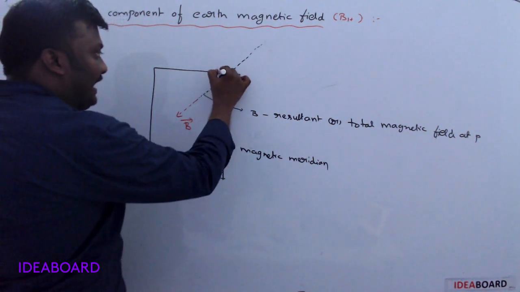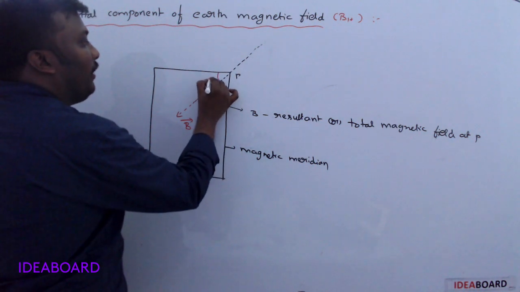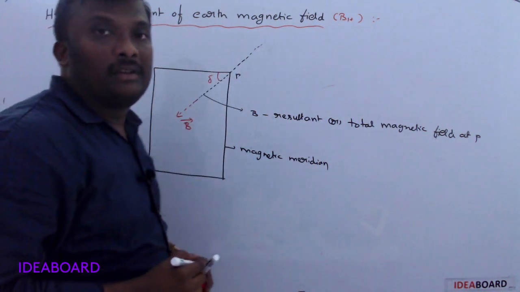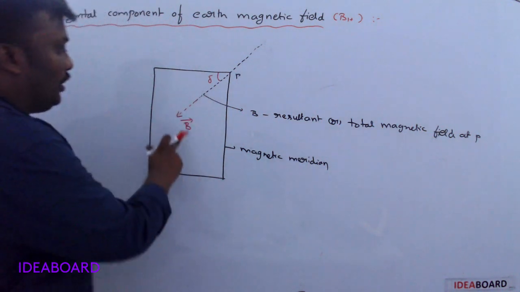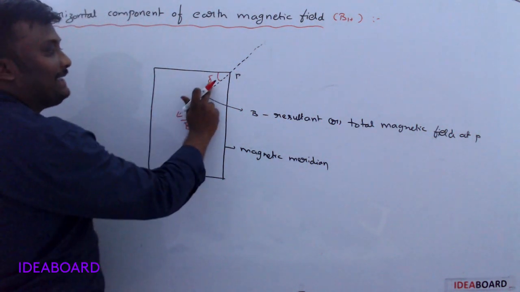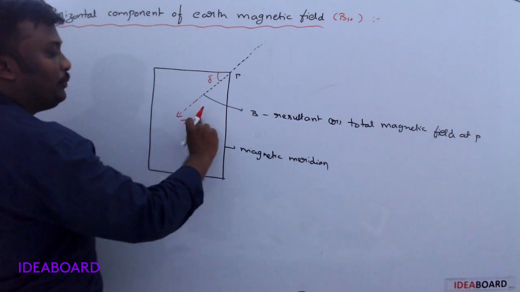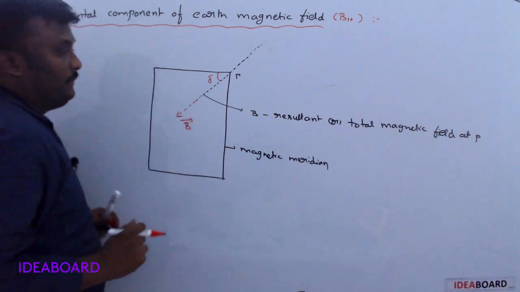Now we know this angle is called the angle of dip or angle of inclination, so it is delta. Now B bar is a vector, it makes an angle, so this B bar can be resolved into two components.